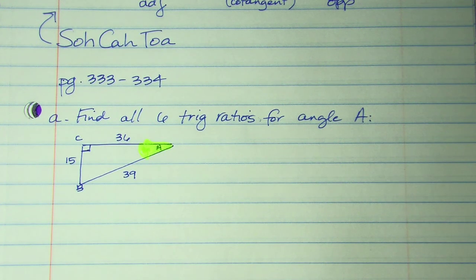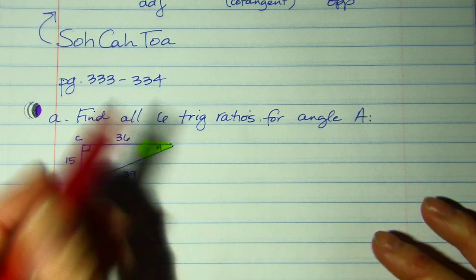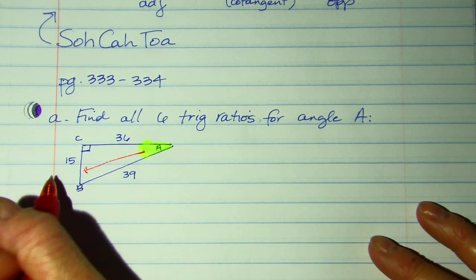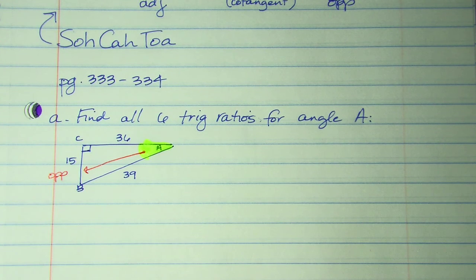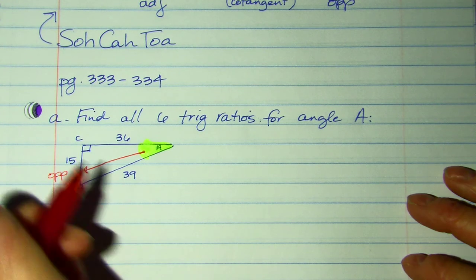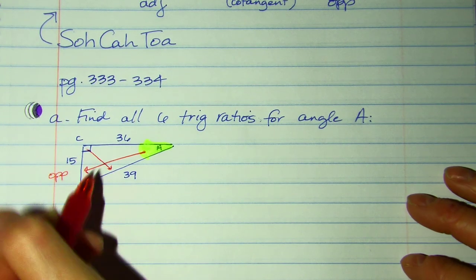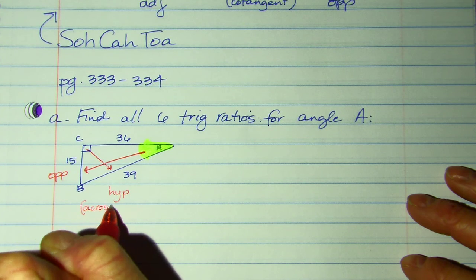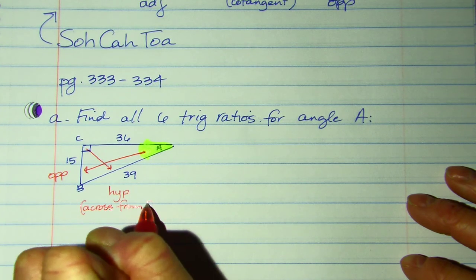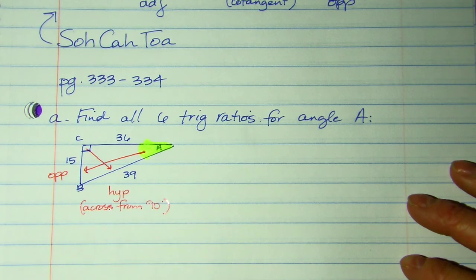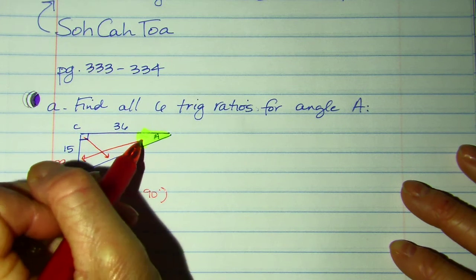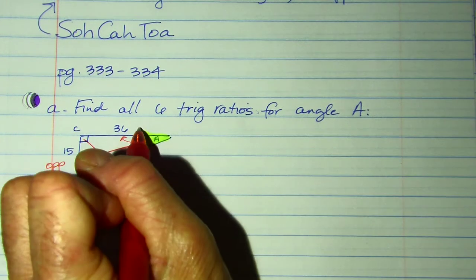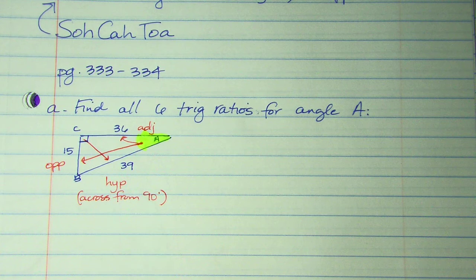So I'm going to label my sides accordingly. The side or the leg that is across from the angle would be my opposite. The side across from our 90 degree is hypotenuse, right? And this is because it's across from a 90-degree angle. And the side touching our angle, next to it, is called our adjacent side.